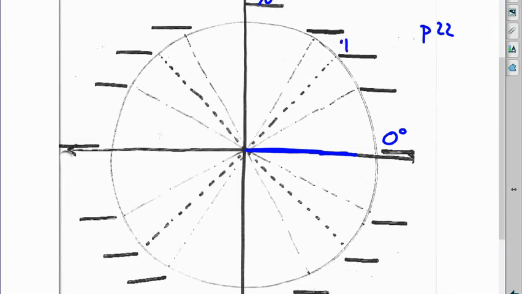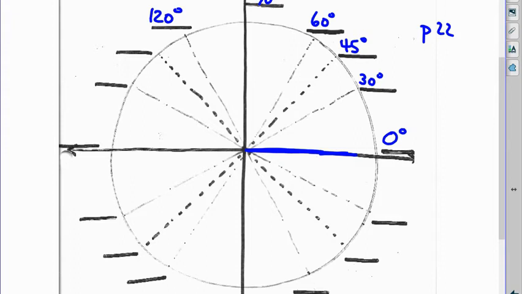These measurements are supposed to be the 45, this is the 30, and this is the 60. So you can kind of see how we're counting off as we go around, and these are going to be very important measurements. They're all going to be related to the 45, 45, 90, and the 30, 60, 90 triangle, as well as the special cases of 90, 180, 270, and 0. So these are going to be very important numbers that you're going to see a lot.